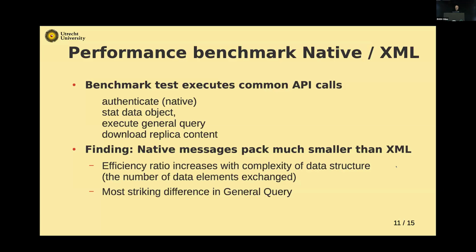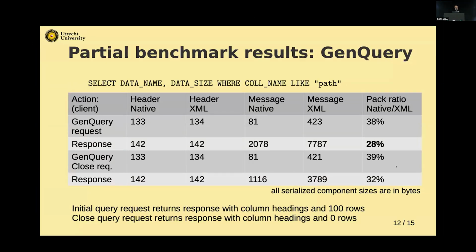replica content. And as you can imagine, I got very enthusiastic about the native protocol because it packs data much smaller than the XML protocol, really much smaller. And let's have a look at it. But the most striking example is the general query, because it gets better as you pack more complex data structures and serialize them and get them across.